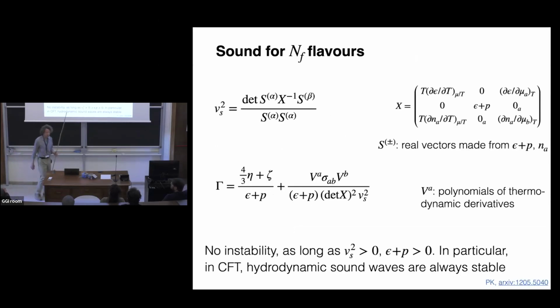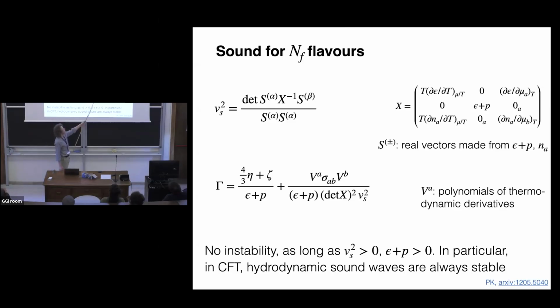If you do it in the grand canonical ensemble, which you actually should do for dissipative fluids, okay. There are many ways you can write the speed of sound, many ugly and horrible ways, depending on your chosen thermodynamic variables. So this is one way to write the speed of sound with arbitrarily many charge flavors. This X is the matrix of susceptibilities.